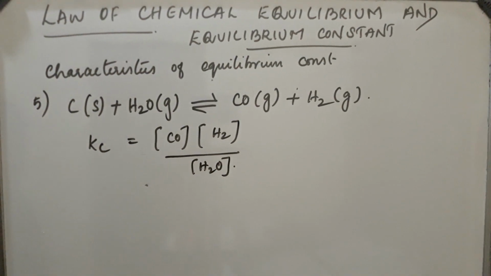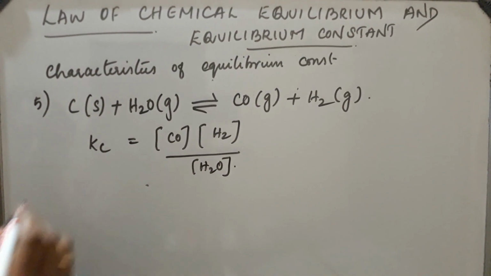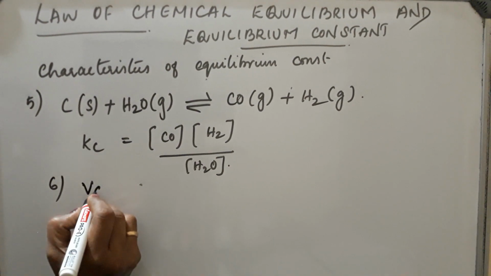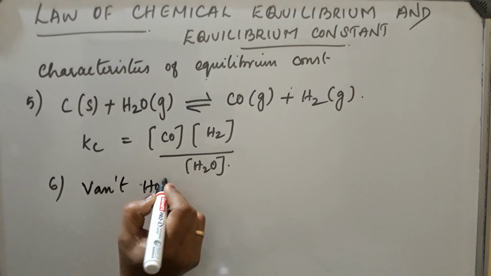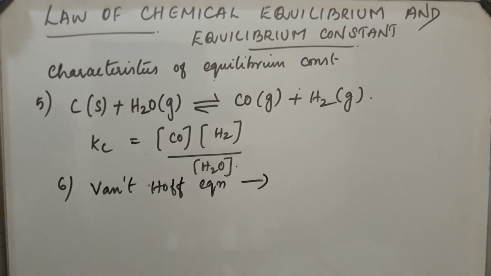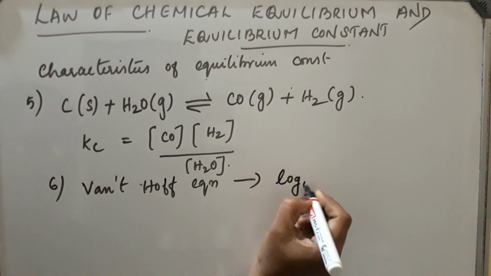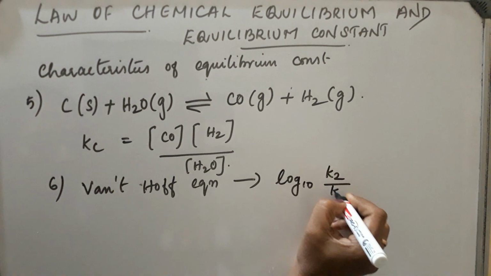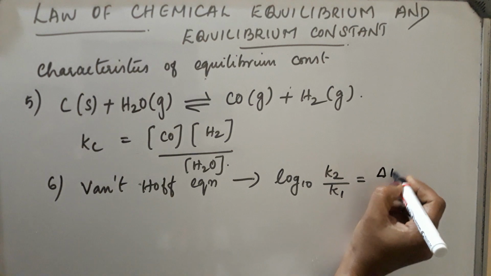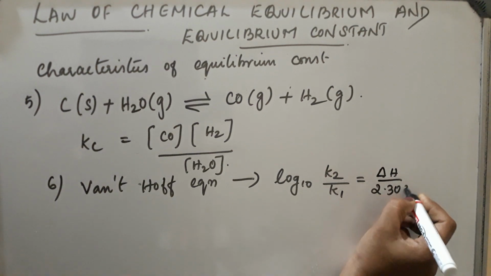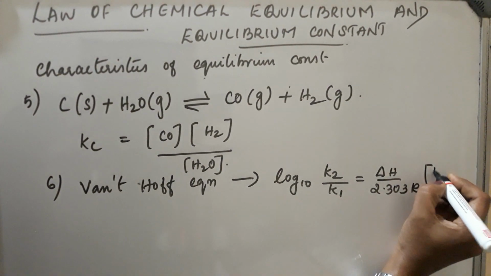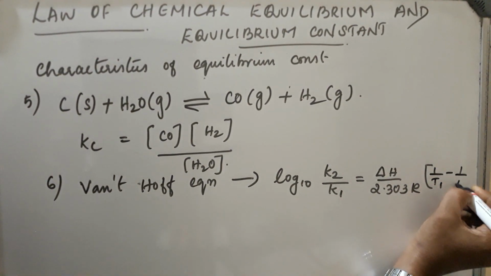Like this. Now, next one, sixth point, the van't Hoff equation. The equation is log to the base 10 of K2 by K1 equals delta H by 2.303 R into 1 by T1 minus 1 by T2.